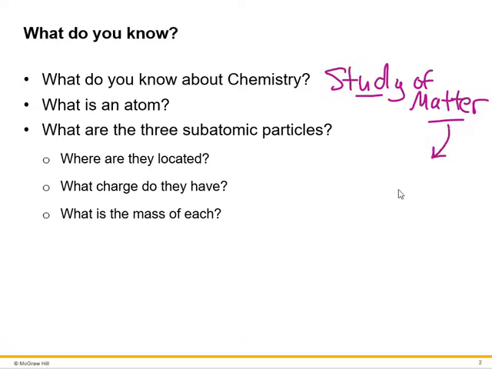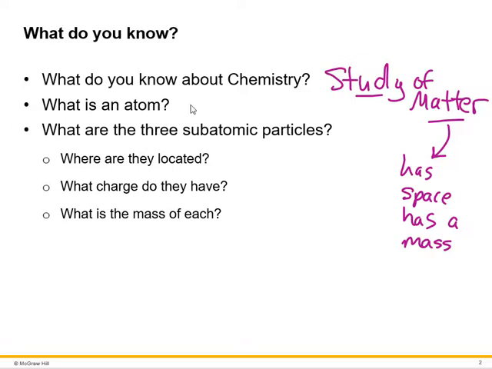And matter is anything that takes up space and has mass. And so this is what we're going to be looking at in chemistry, and everything is made of matter. If a living thing has space and has mass, then it consists of atoms. It is matter.